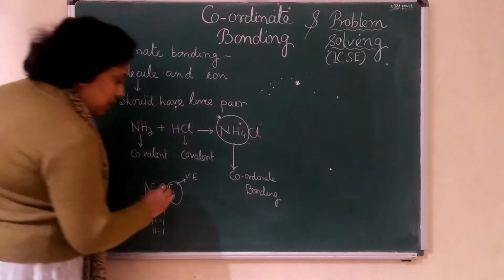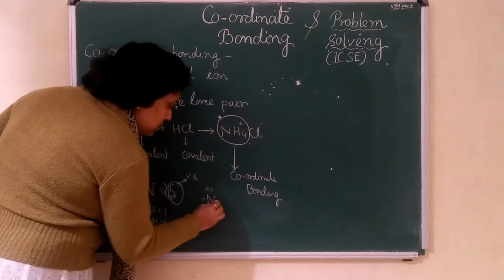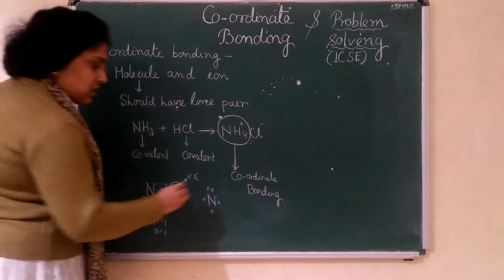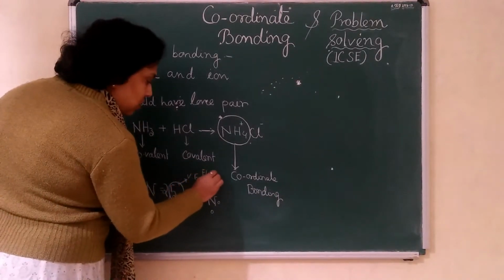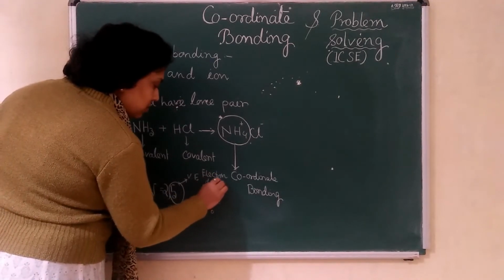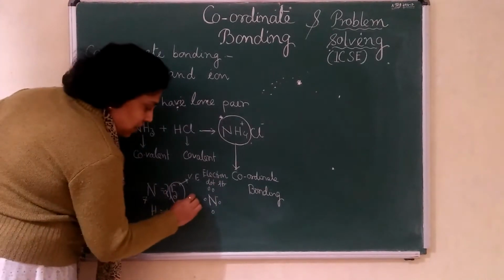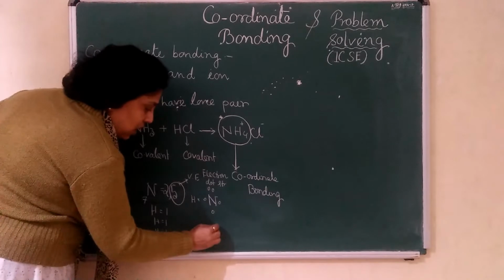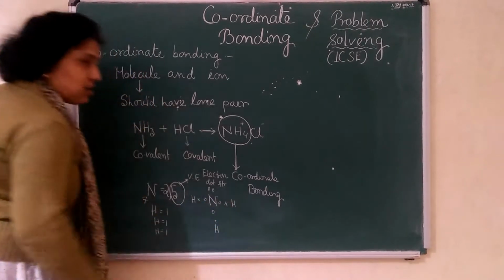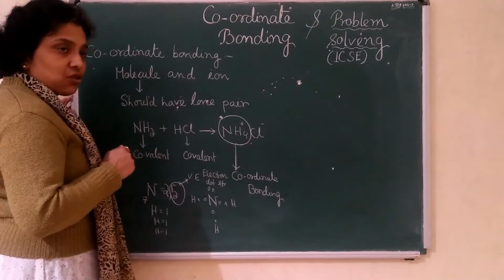Now what will happen? Of these 5 electrons, you draw 1 2 3 4 5 in the electron dot structure. When hydrogen bonds, it has 1 electron each, and hydrogen will get the configuration of the nearest inert gas. Which is that?